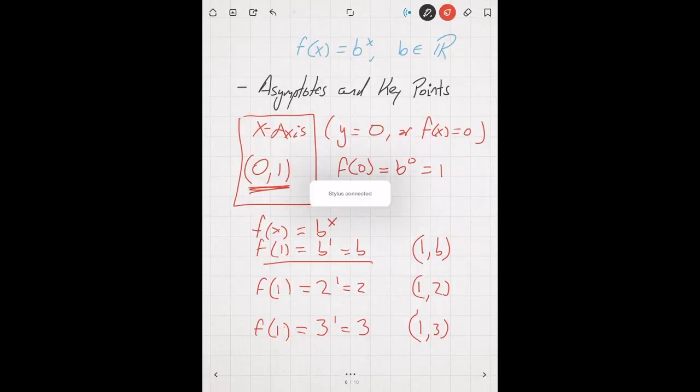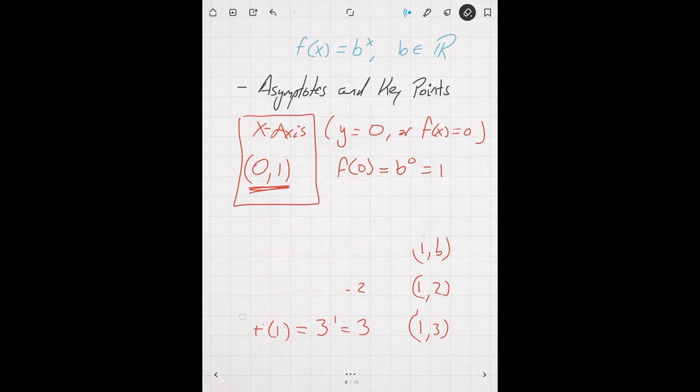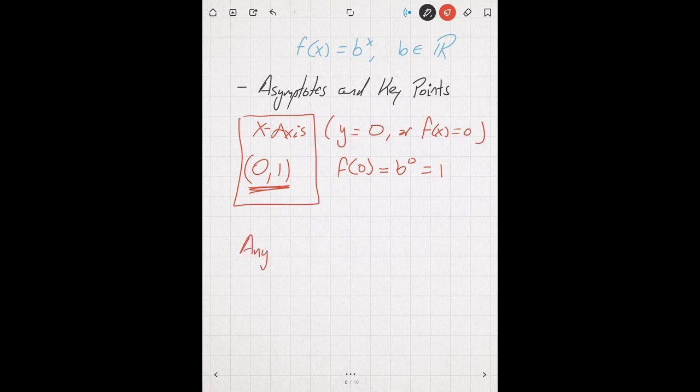So what we can say here is that this is going to be pretty standard as a key point for us. It's going to vary each time I change b, but for any b, there will always be the point (1, b). Anytime you have a b value, whatever it is, you will always have the point (1, b).